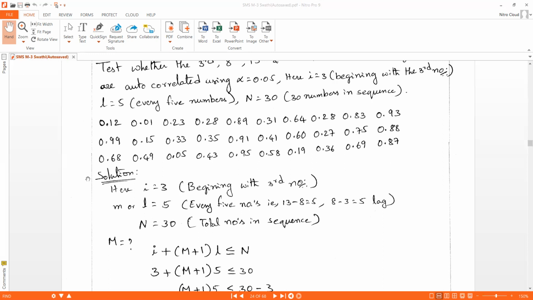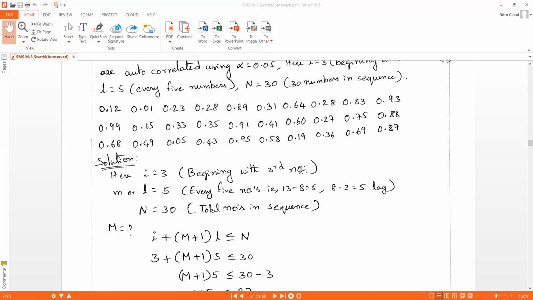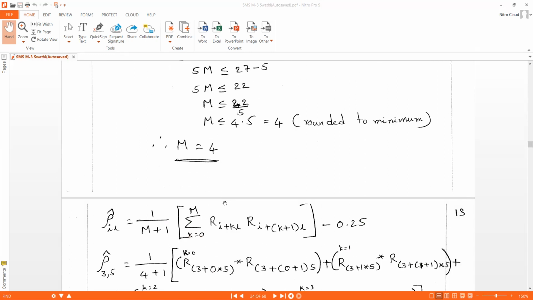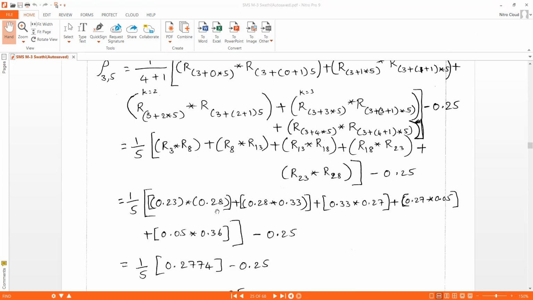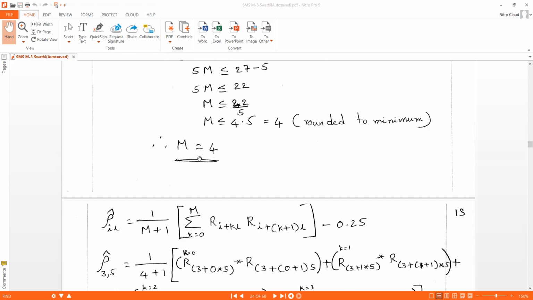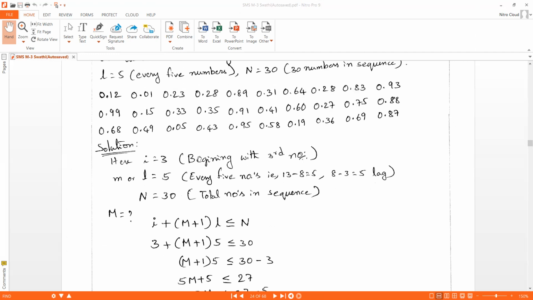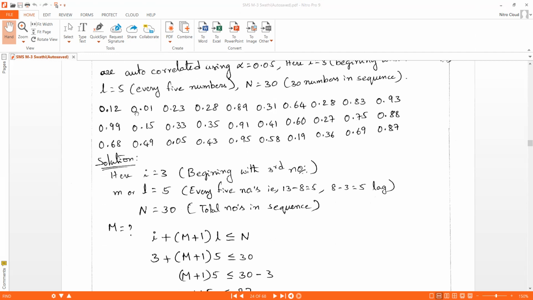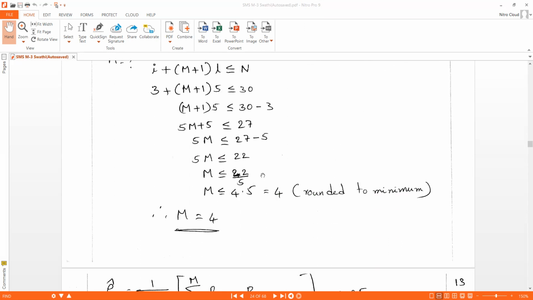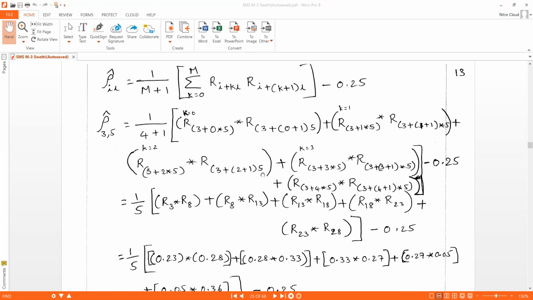We will substitute these values in this formula. In R3's place, we will substitute the third random number. What is the R3 value in the series? This is 1, 2, 3. The R3 value is 0.23. We'll substitute it here in place of R3.